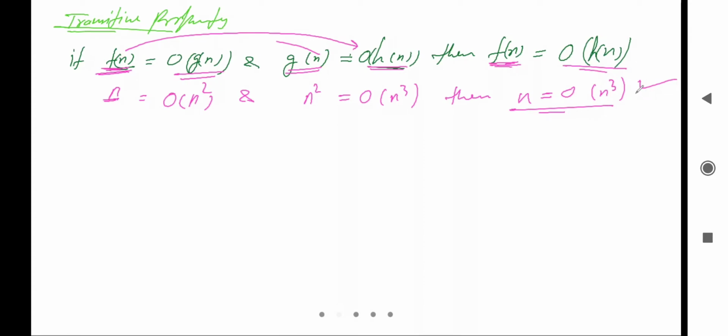Now tell me it is clear or not? So it is holding this property. It is satisfying the transitive property.